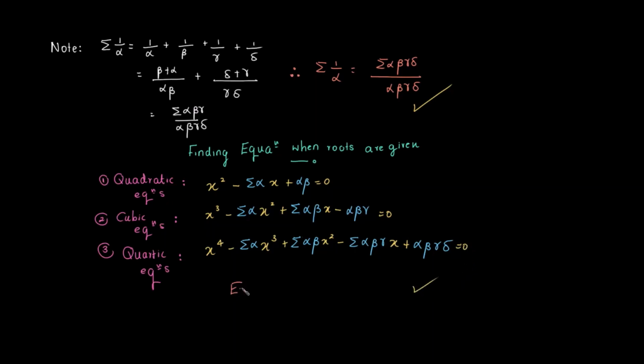So now let's take a look at an example where you will apply the generic form of these equations. Alright, so this is the first example. 3x squared plus 9x minus 11 is equal to 0 has roots alpha and beta. This is a quadratic polynomial equation.